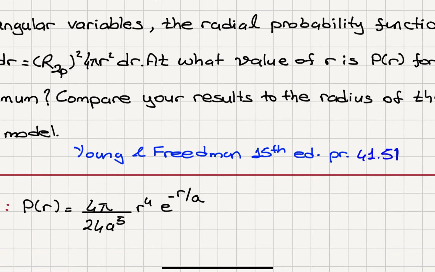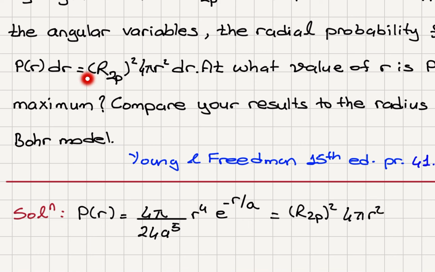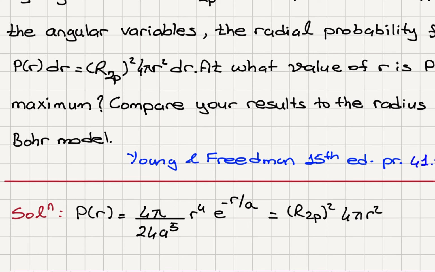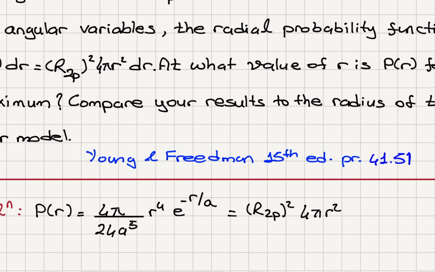This is equal to basically R_2p squared multiplied by 4 pi r squared. That's our probability density function as a function of r.